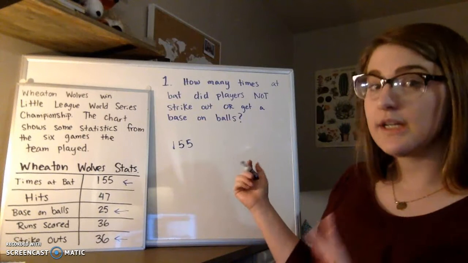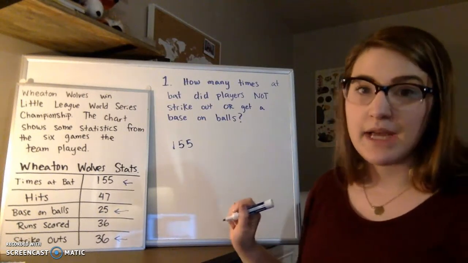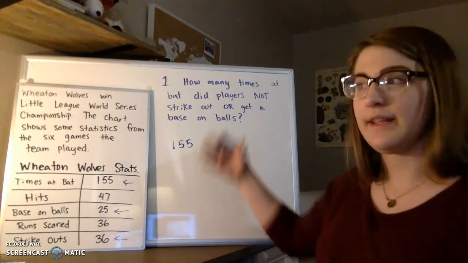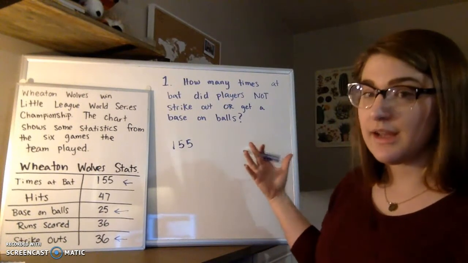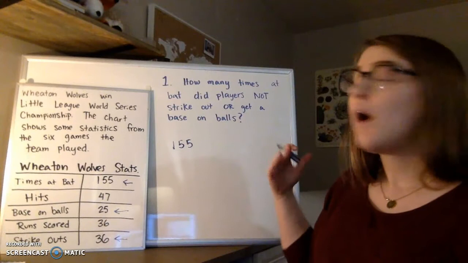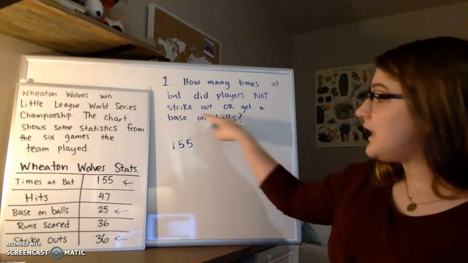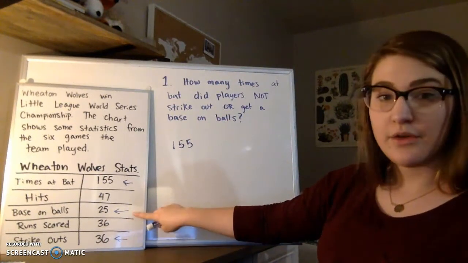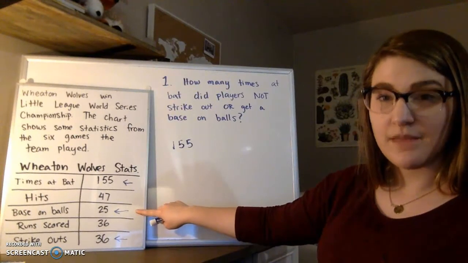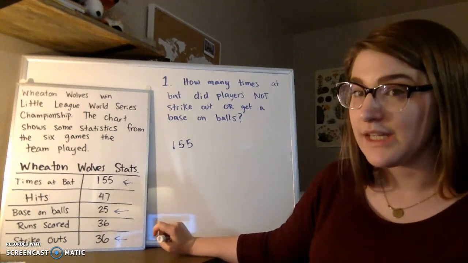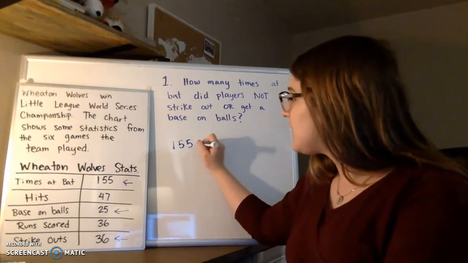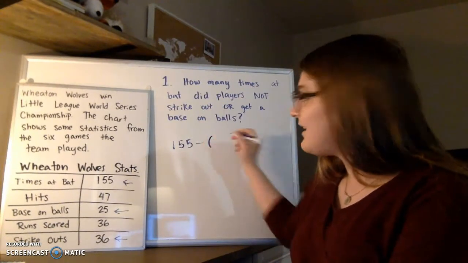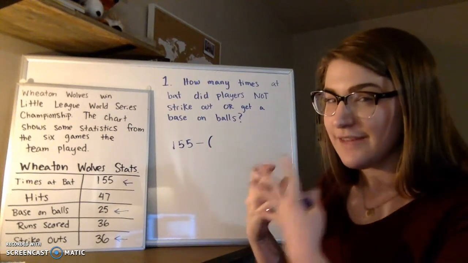So we could subtract how many times they struck out, and then from that number subtract the number of times they got base on balls. Or we could combine those 2 numbers together. Now, what does the word combine make you think of? Addition, right? So we're still going to subtract that combination of numbers.